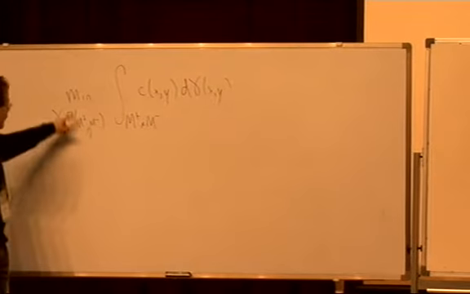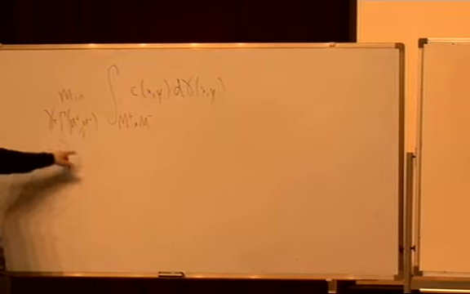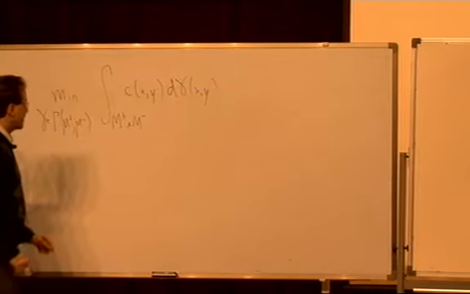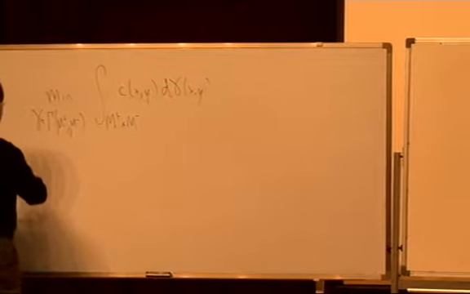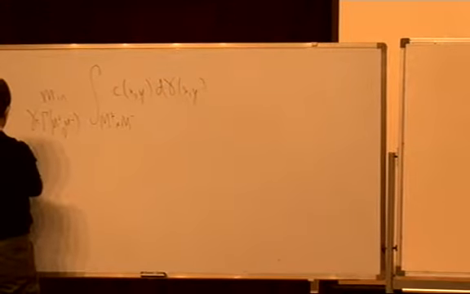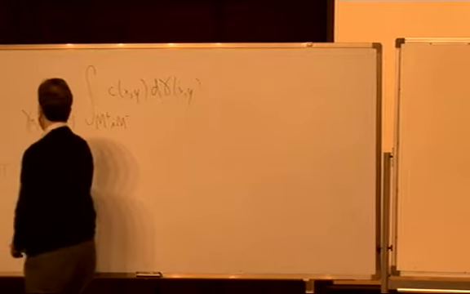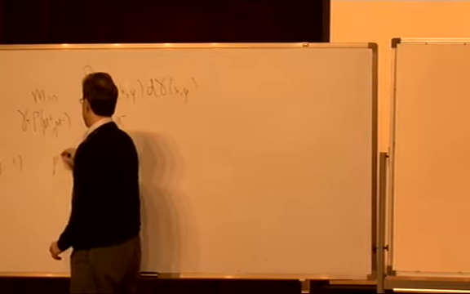And we observed that this was a convex set of measures, and this was a linear functional on that convex set. And the convex set was non-empty because, on the one hand, the product measure was in the convex set.